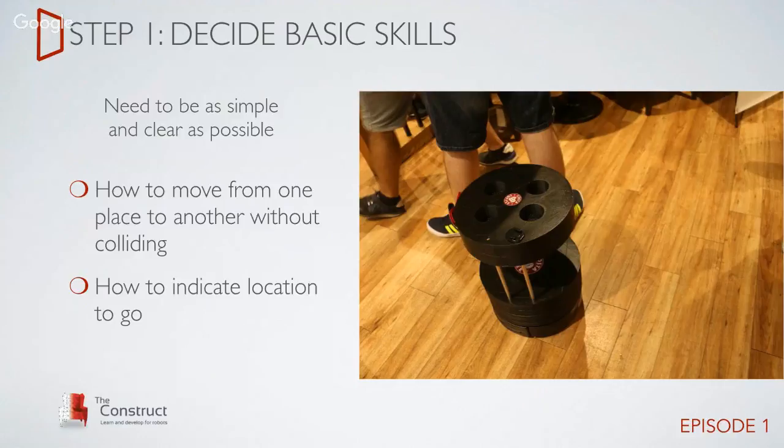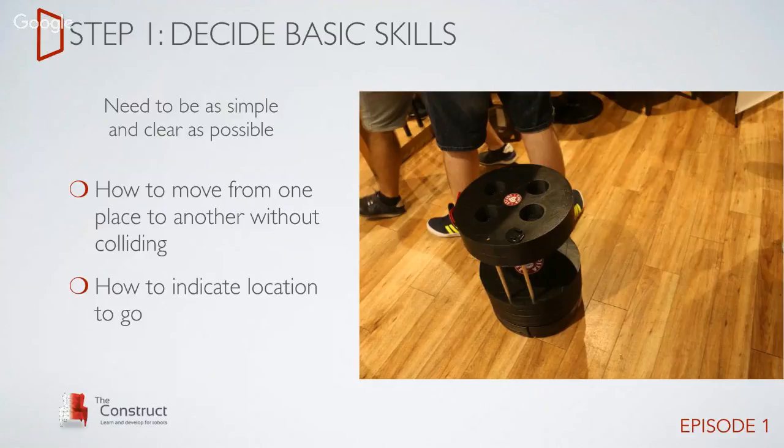And then we have to indicate some way which location to go. The person who is loading the robot with the coffees has to have a way of telling the robot, hey, please go to table number 6. So you have to have a way of doing this. It could be by voice, which was not the case for the barista. But those basic skills have to be very, very simple.